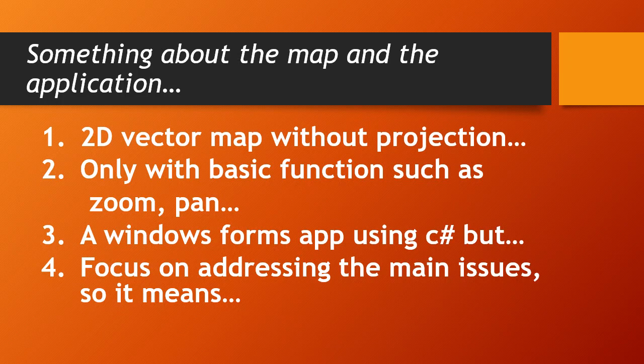I cut a lot of features off from my code and recompiled it in the Microsoft Visual Studio IDE to make things simple and clear. Just focus on the very basic ideas about how to handle the vector map data.